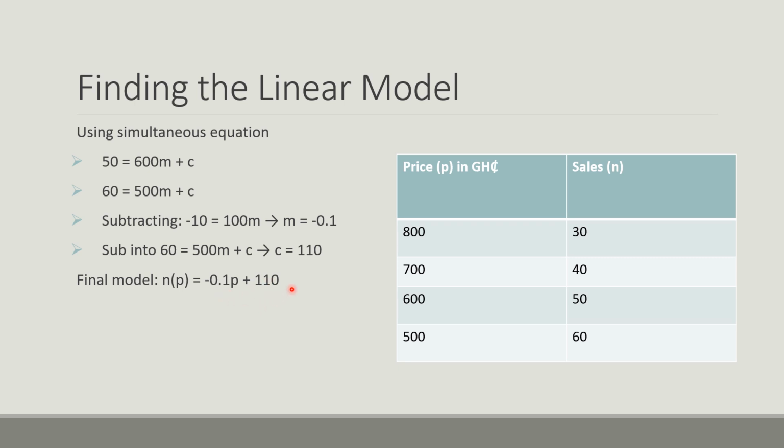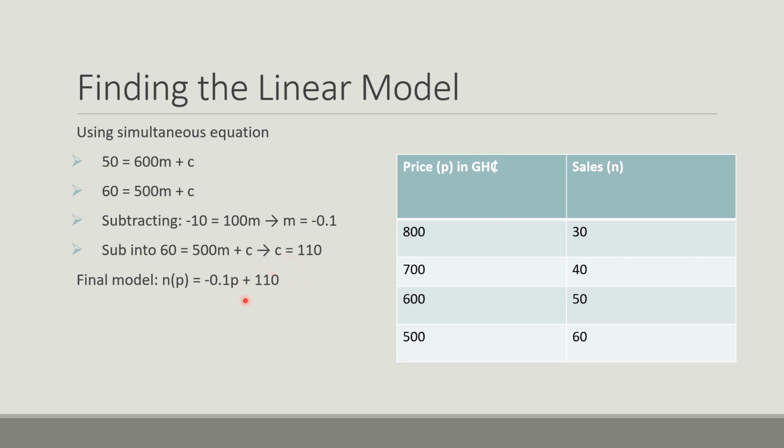When you look at this particular model, we can use it to predict the future price, or we can also use it to predict the future sales. Good. So we have C to be 110, which is the constant.